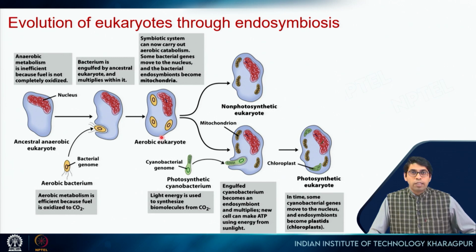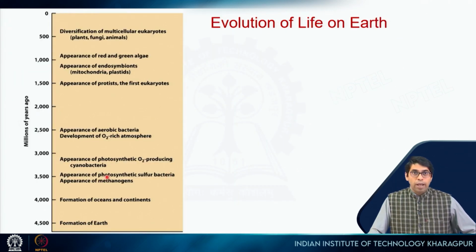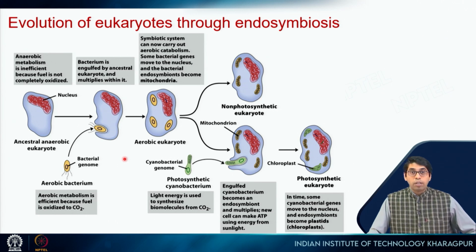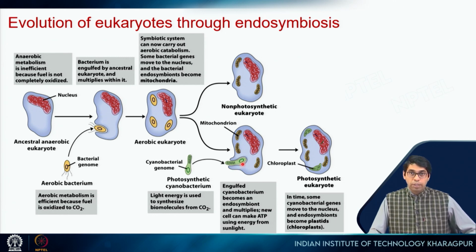And we have already seen how this type of cells catabolize glucose to produce ATP. Another set of these aerobic eukaryotes took up the cyanobacteria. If I go back, cyanobacteria appeared here. They took up these cyanobacteria, which can do photosynthesis. The engulfed cyanobacterium becomes an endosymbiont and multiplies. It will again lose some of its genes to the nucleus, but it will retain some other genes.